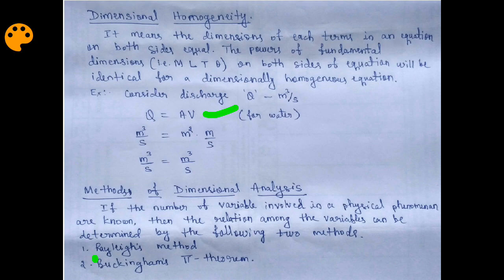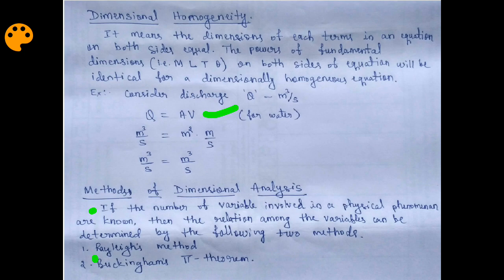In order to get the relation between them, we can use the dimensional analysis method. If the variables involved in a physical phenomenon are known, then the relation among the variables can be determined by the following methods.